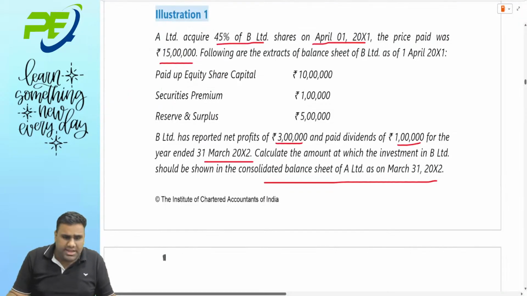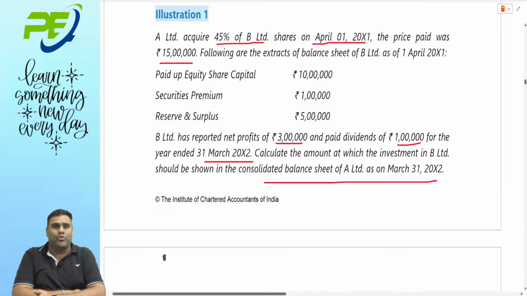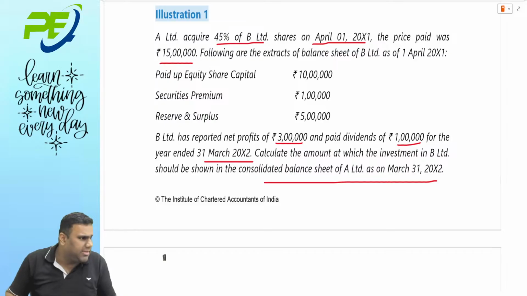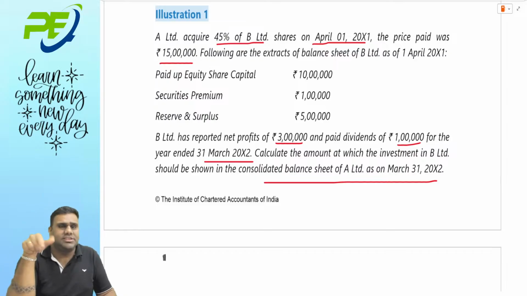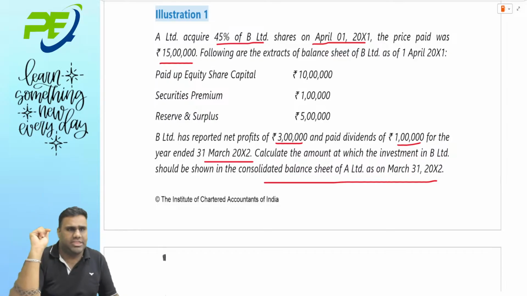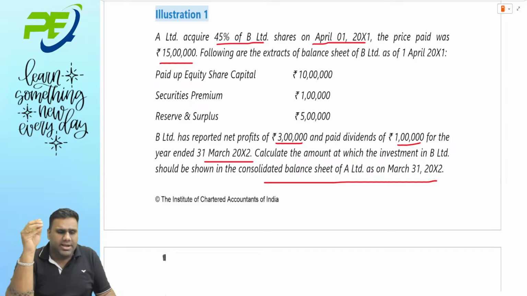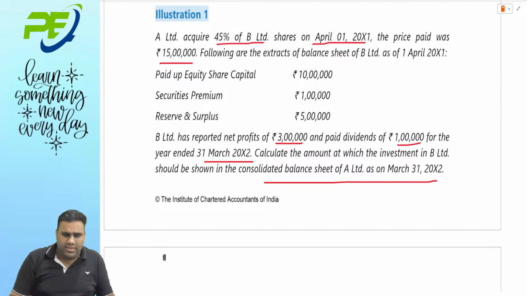Now, in this problem, net assets is not given, but shareholders fund is given. So net assets and shareholders fund will be the same. Ideally, net assets and capital employed are the same. Capital employed is debt plus equity. But in this problem, there is no debt, so I'll assume equity, and equity is nothing but shareholders fund.